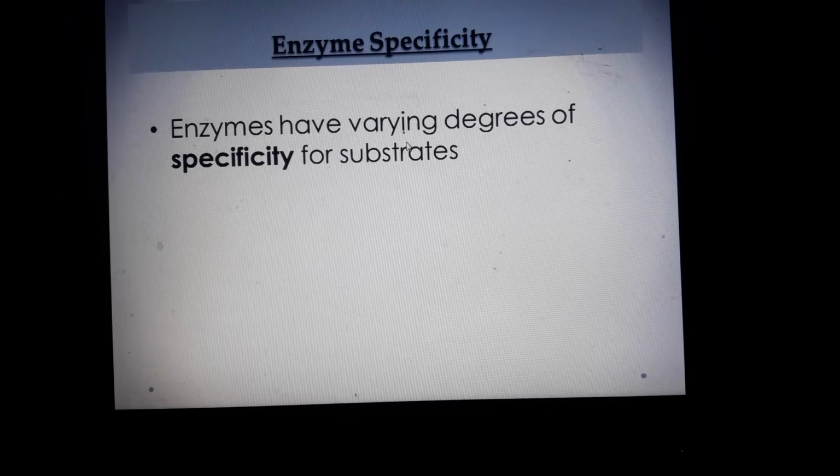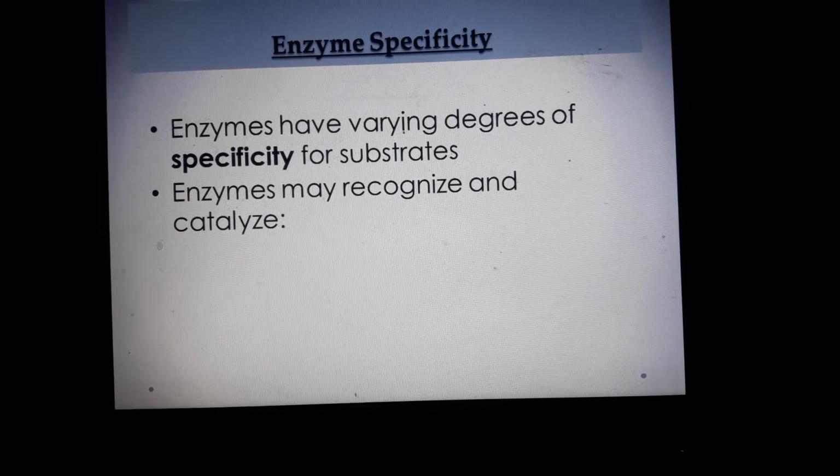Holoenzyme. Okay. So the enzyme specificity, we have enzymes have varying degrees of specificity for substrate. So nagdepende rin siya sa specific na substrate. Okay? Enzymes may recognize and catalyze a single substrate.